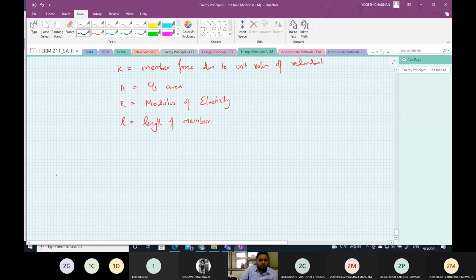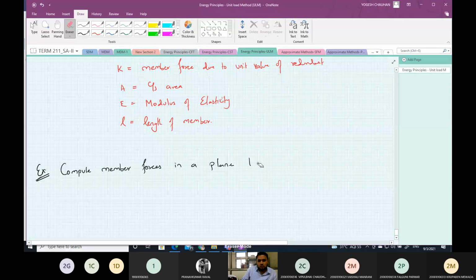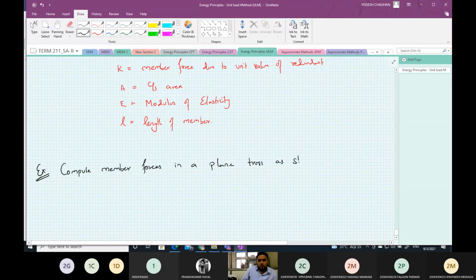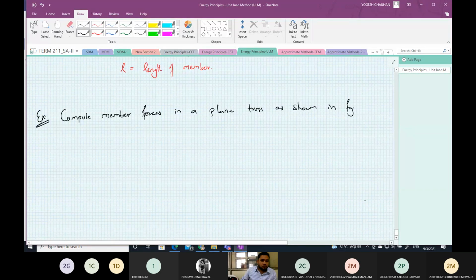Now let us take an example to understand this. Compute member forces in a plane truss as shown in figure. So consider this truss.